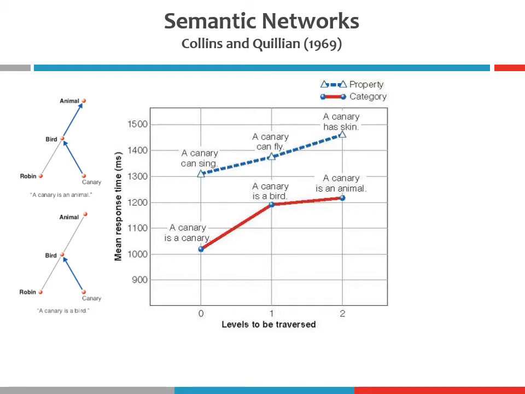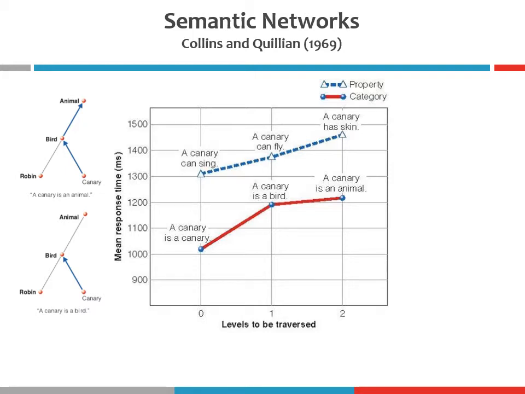So it was about 1100 milliseconds to verify that a canary is a canary, about 1200 milliseconds to verify a canary is a bird, and about 1225 milliseconds to verify a canary is an animal, right?